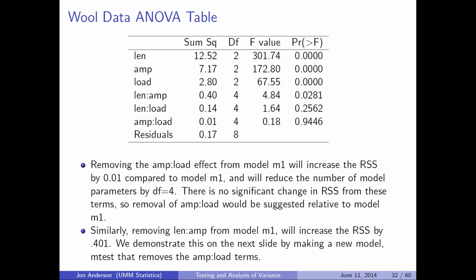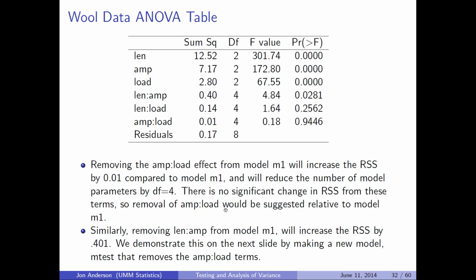Well, we remove the amplitude load effect from our model M1. If we do that, the unexplained variation, the residual sums of squares, is going to go up. When we get rid of structure from our model, the residual sums of squares will go up by 0.01 units more than what was in model M1. There will be fewer parameters in the model: 4 of them will be removed in the null hypothesis model.